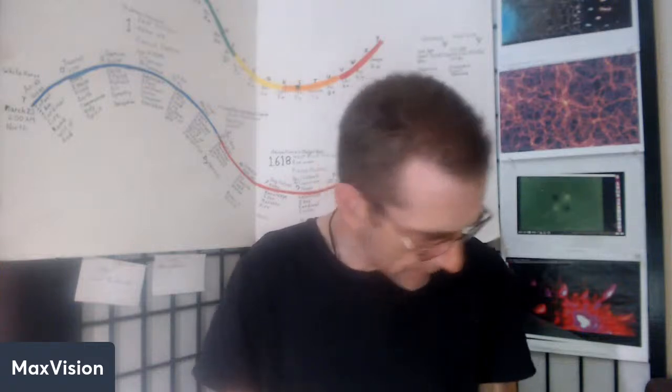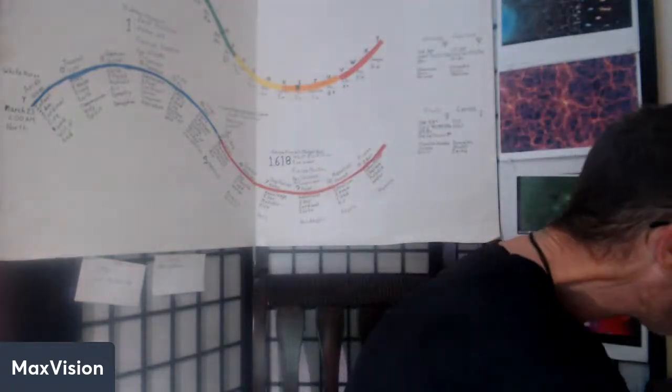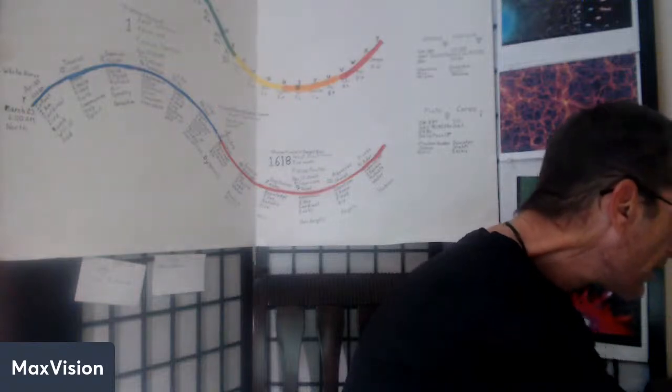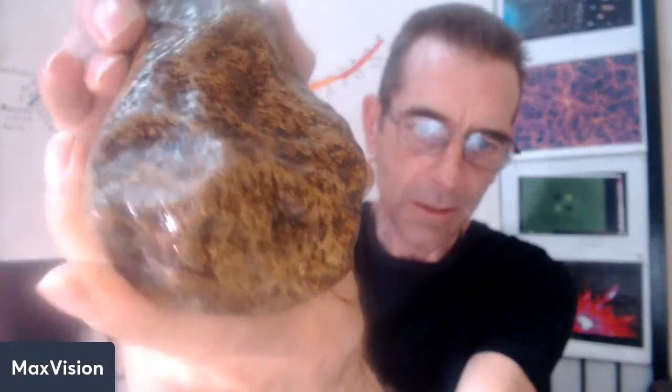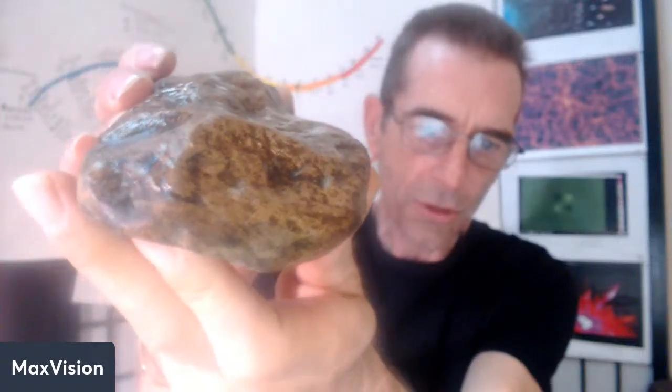Just going to wet it down a bit so you can see the difference in color. So the theory goes, this is my newest mud fossil, that on the bottom they had a pad that was actually bolted to their foot. Let me see if you guys can see this. On the top here, you can see it's a reddish color. That's where the toes would be.